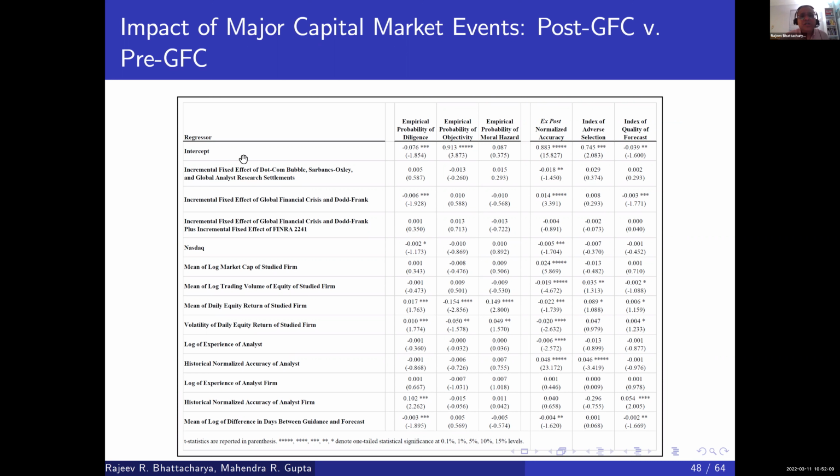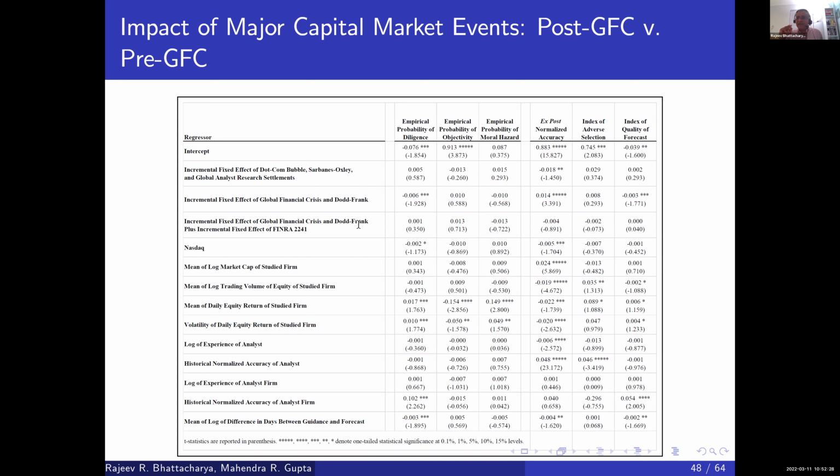So here now, in the fifth row, we have added the incremental fixed effect of the global financial crisis and the Dodd-Frank plus the incremental effect of FINRA 2241. Look at that row. Nothing is significant.